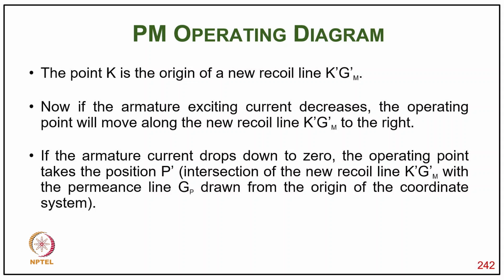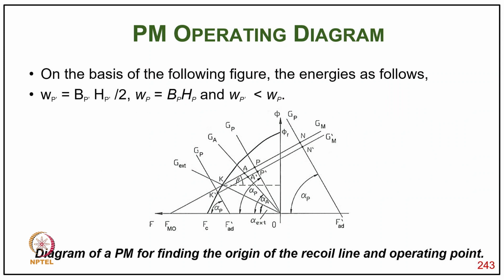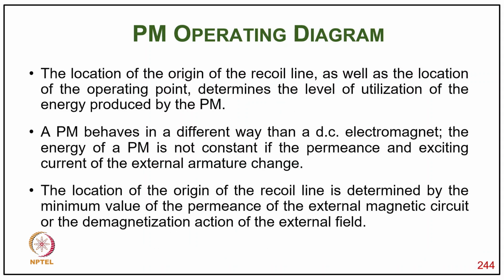And if the armature current drops down to 0, the operating point takes the position P_m', the intersection of the new recoil line K' G_m' with the permeance line G_P drawn from the origin of the coordinate system. And owing to the basic following figure, the energy is as follows: W_P' = B_P' H_P' by 2, or W_P = B_P H_P by 2, where W_P' is much less than W_P. PM operating diagram, finding the origin of recoil and operating point.